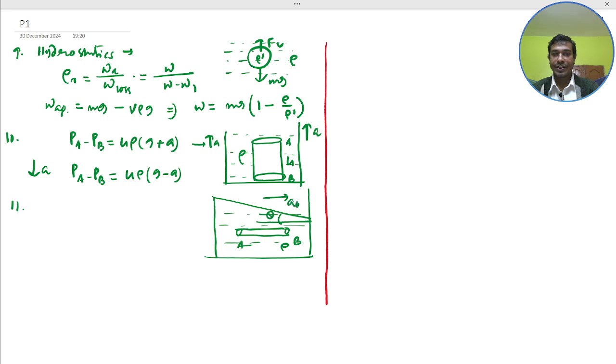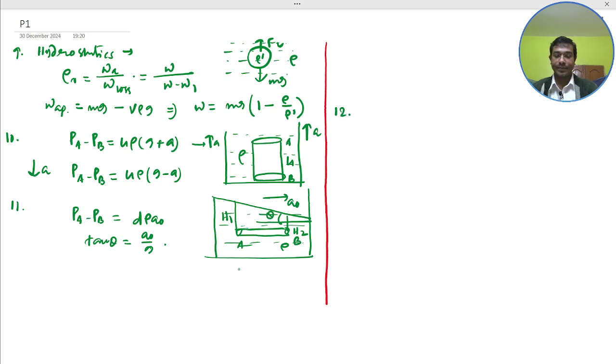This is the acceleration a naught in the horizontal direction, and the distances are h1 and h2. So the pressure difference P_A minus P_B is equal to d rho a naught. So tan theta is equal to a naught by g. This is another important topic: tan theta equals a naught by g.